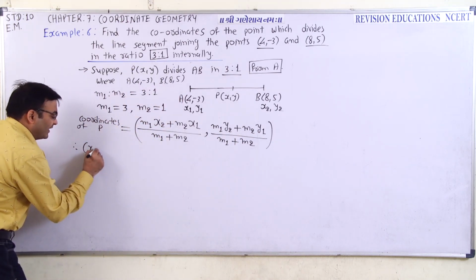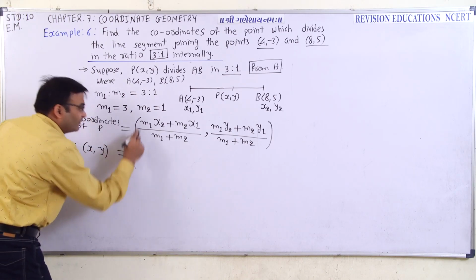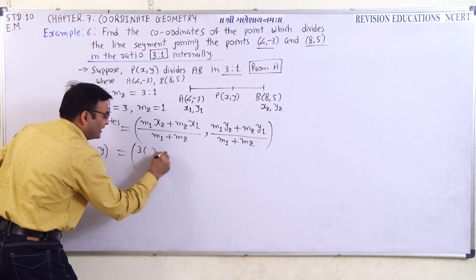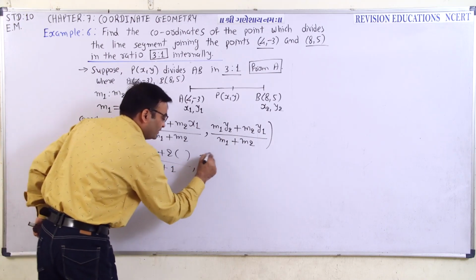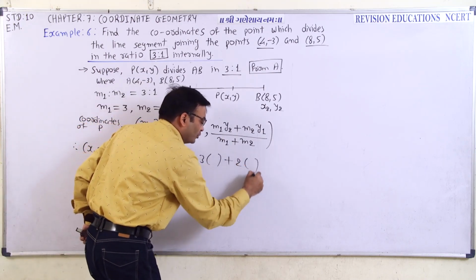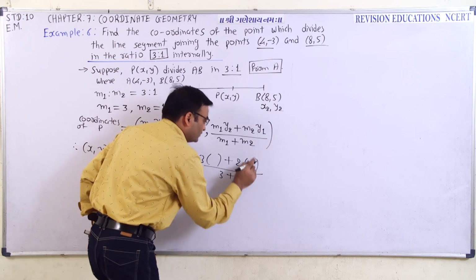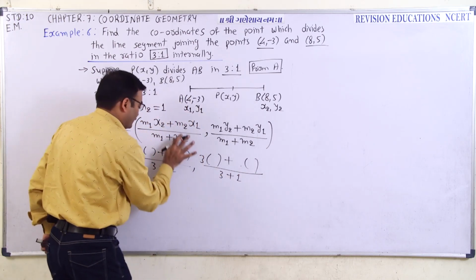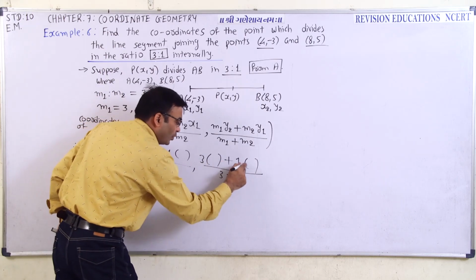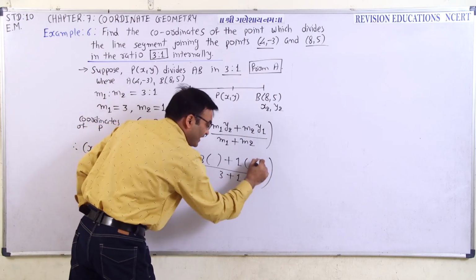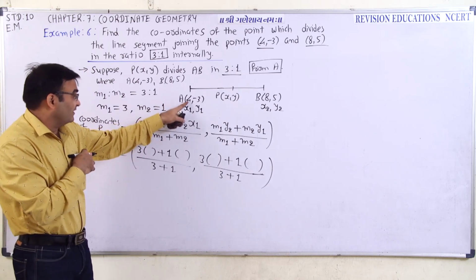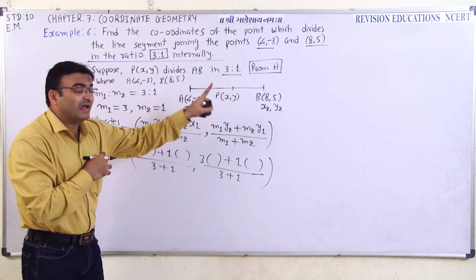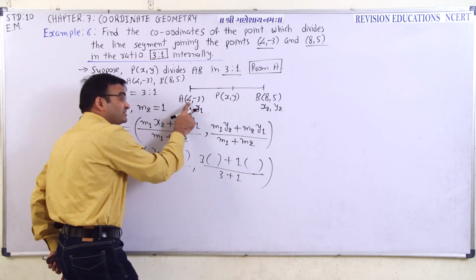Here we write now (x, y). First we write 3 bracket, 3 plus 1, sorry, here is 1 bracket, 3 plus 1. Now ध्यान रखो, from A, the P divides line segment AB from this point.